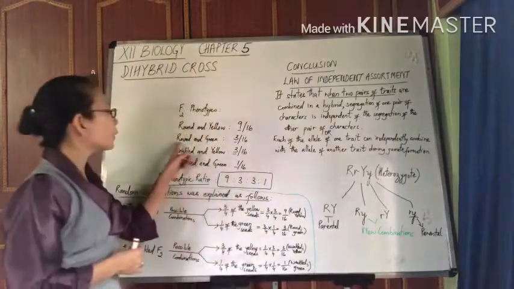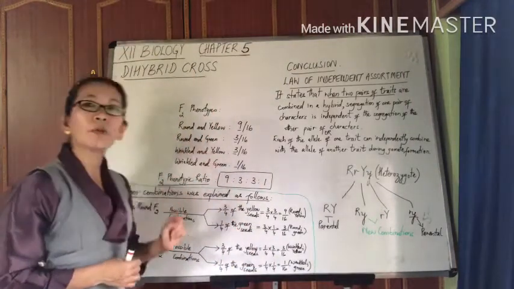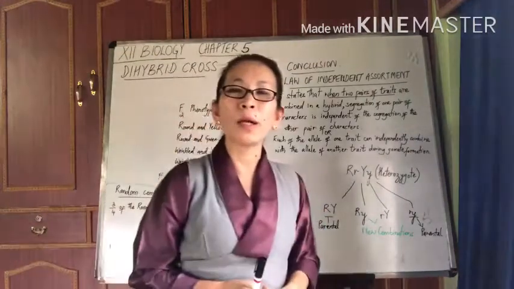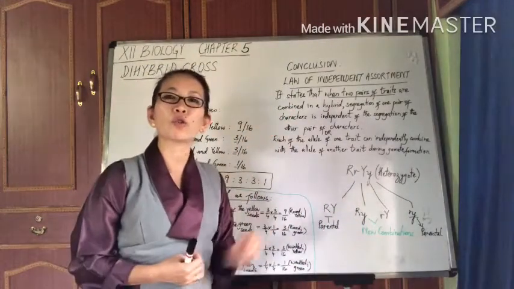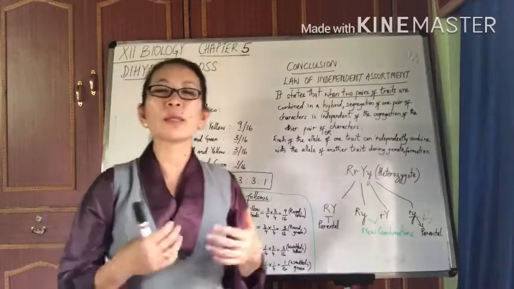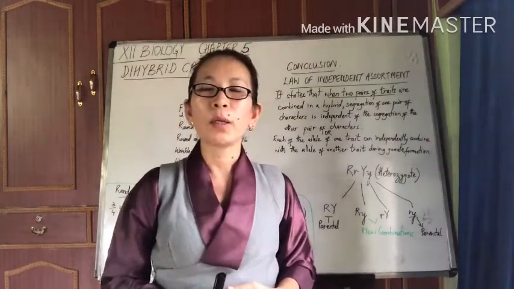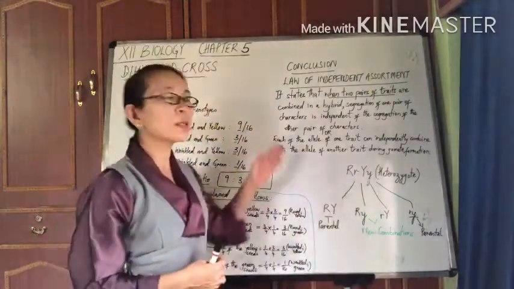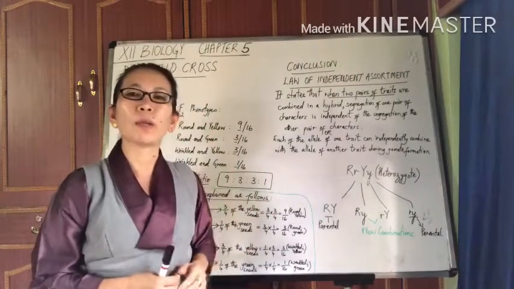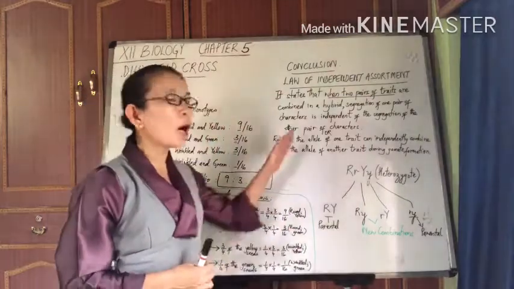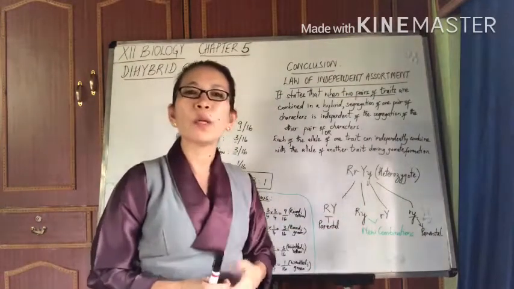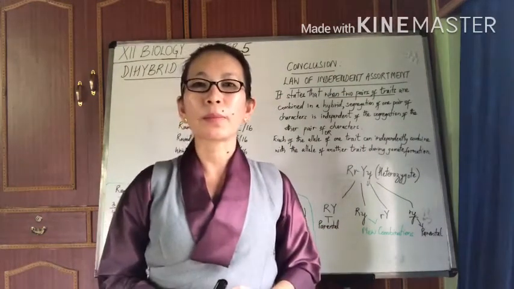Or we can have a new combination of round and green in the F2 generation because of independent assortment of factors at the time of gamete formation. So this law is known as the law of independent assortment, which directly explains how we have the inheritance of two traits in pea plants.